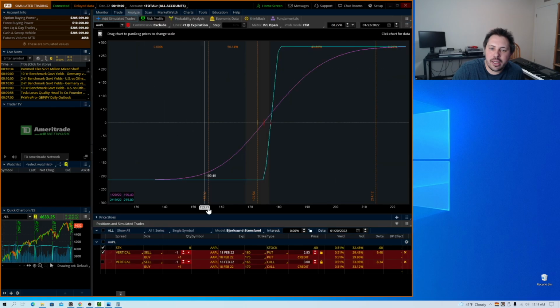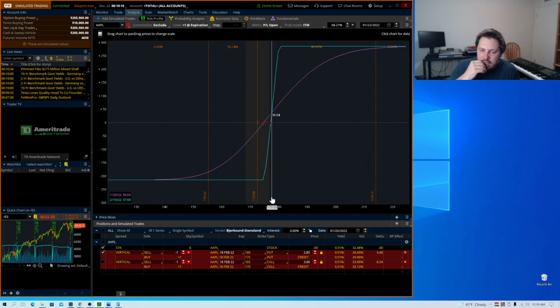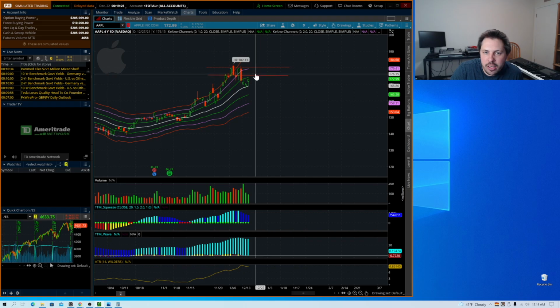Well, let's look at this. If Apple were to settle at 177, that would mean that our long put, our 175 long put, which is this one, is out of the money.